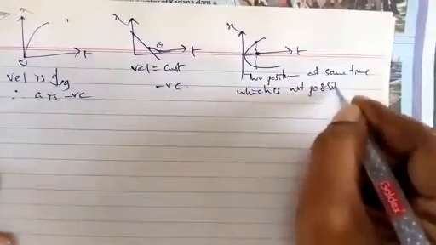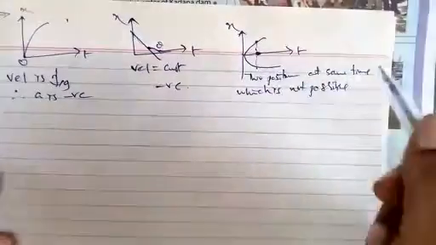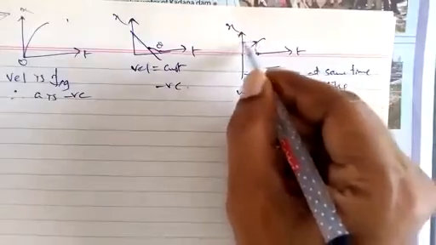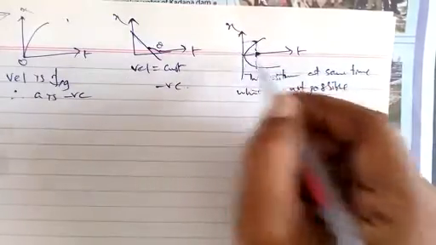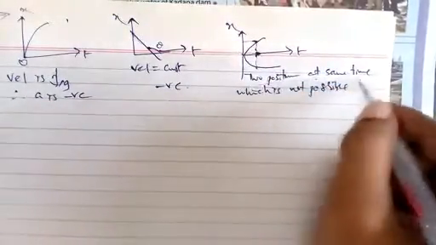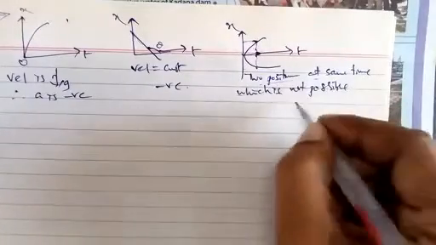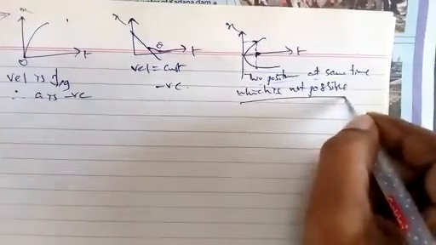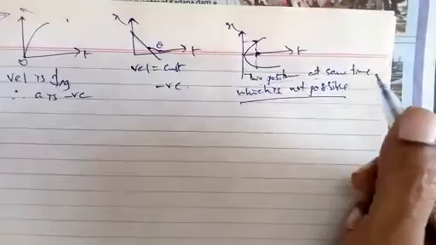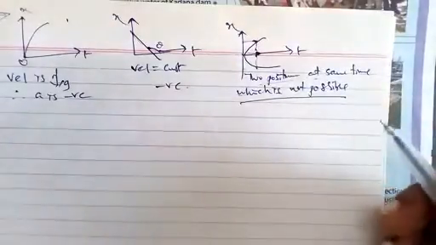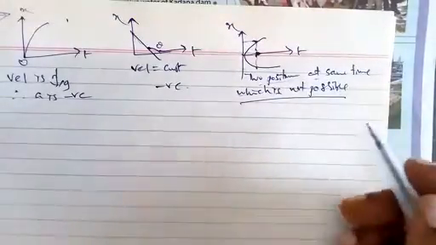Remember this. The body has two positions at the same time, which is not possible. So these are the types of different graphs. You have to remember this one.